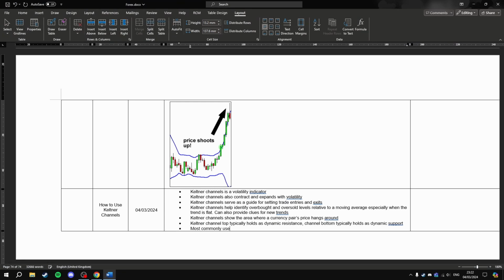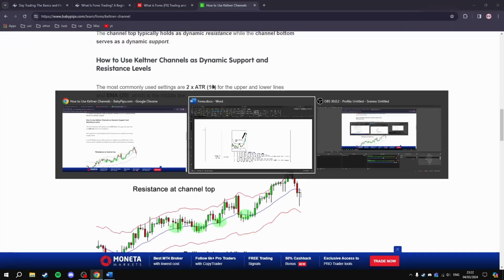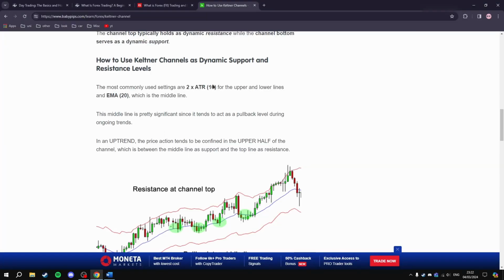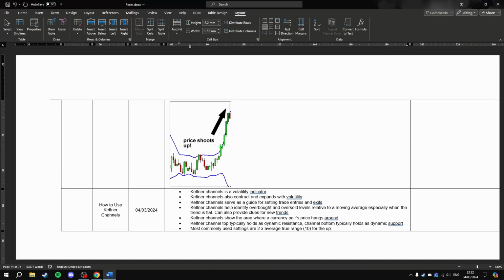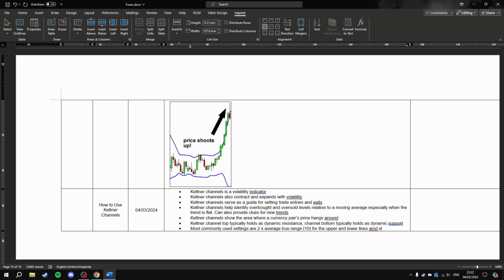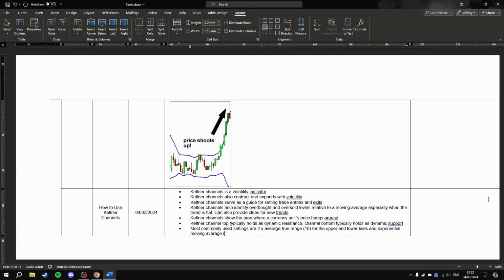Most commonly used settings are 2 times average true range of 10 for the upper and lower lines, or should I call them channels, and exponential moving average 20, which is the middle line.